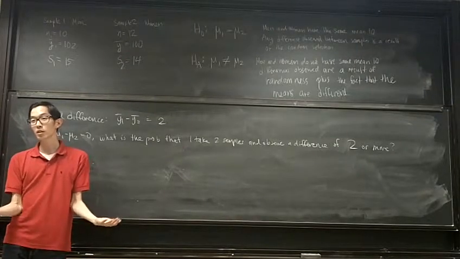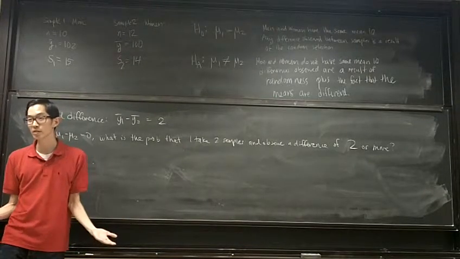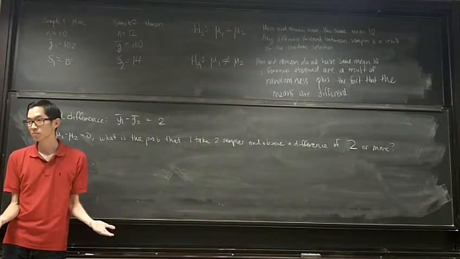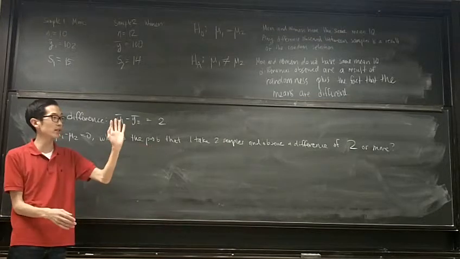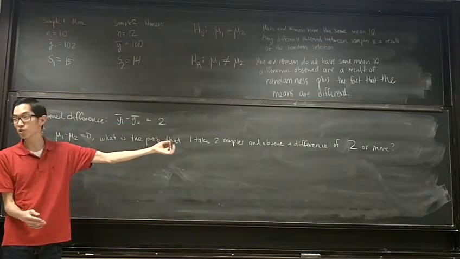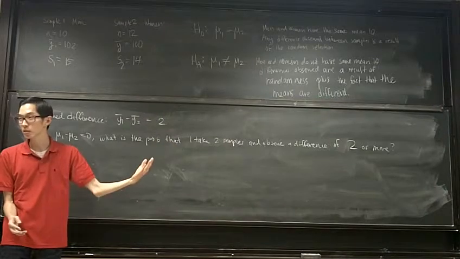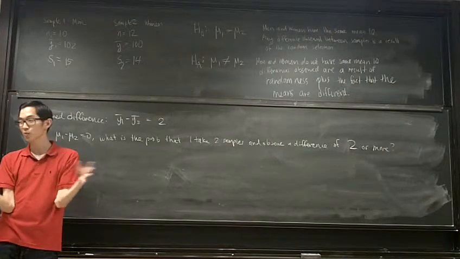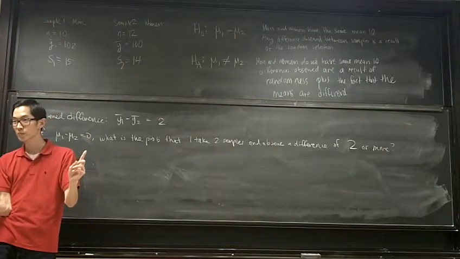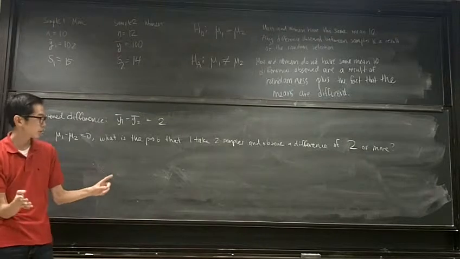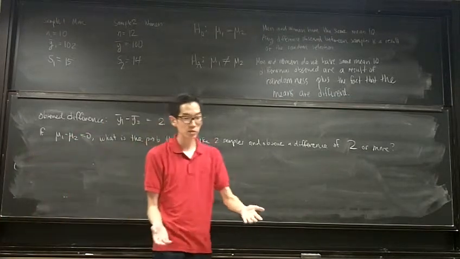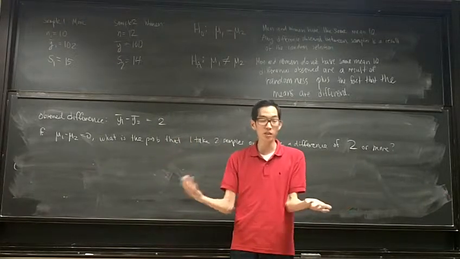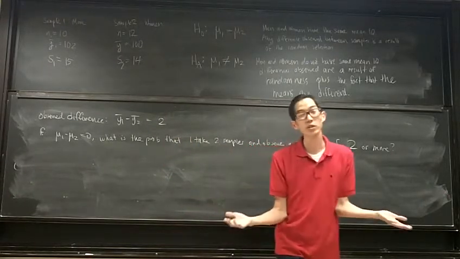So to me, that says I don't have evidence that men and women have different mean IQs. On the other hand, if we go through this process and the probability of observing a difference of 2 IQ points or more is only 1%, then that means if men and women have the same IQ, taking random groups, I'm only going to get a difference like that 1% of the time.